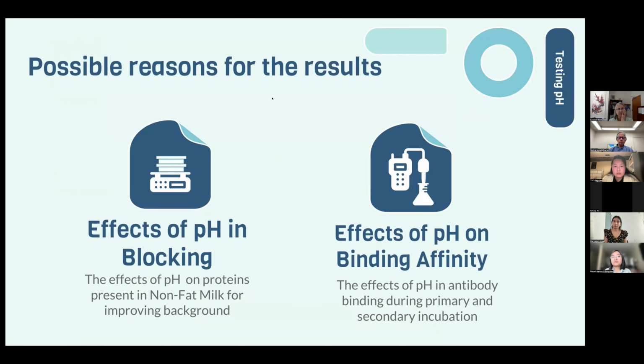Possible reasons for the results are the effect of pH on blocking and the effect of pH on antibody binding. I used non-fat milk, which is also used to improve the background.